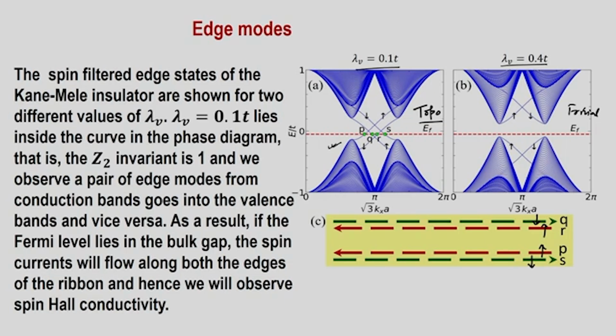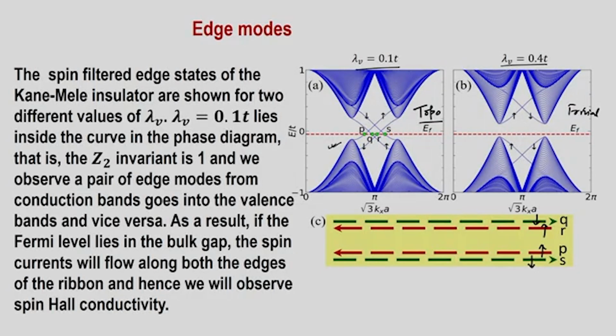So these up and down states at the k values, you see that P and S are degenerate states but they differ by a momentum, being on diametrically opposite parts of the Brillouin zone. And then you also have the other set of states which differ by momenta across the Brillouin zone.